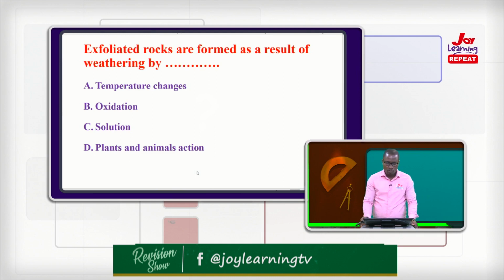Kado Senior High Technical School. What is the answer? Exfoliated rocks are formed as a result of weathering by A, temperature changes, B, oxidation, C, solution, then D, plants and animal action. The answer is A, temperature changes.